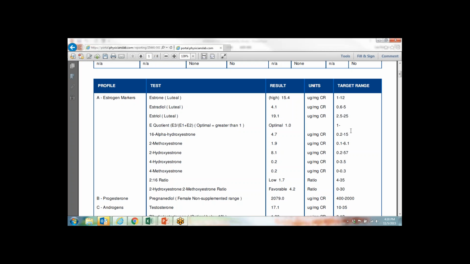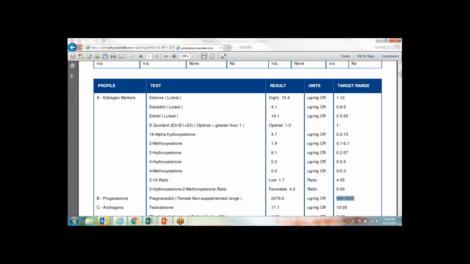Now, none of these ranges in hormones can be looked at in a vacuum, right? We need to balance our estrogen with progesterone, for example. I can tell you that a patient who is not taking a progesterone supplement, this is a non-supplemented range, is going to feel best between 400 and 2,000.